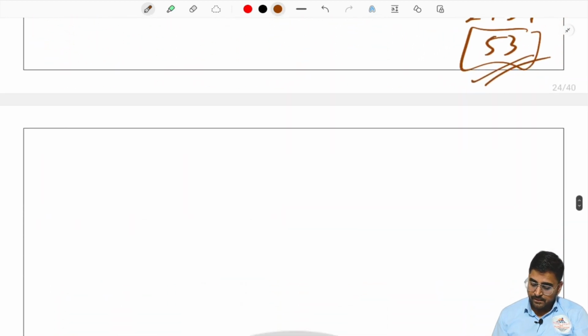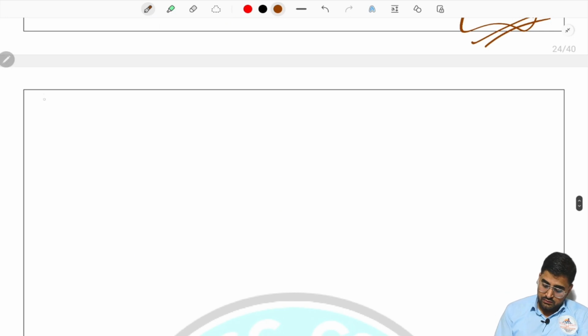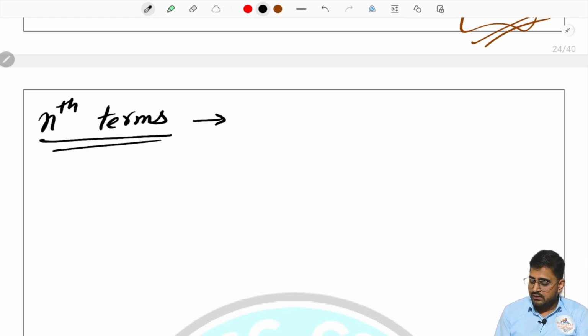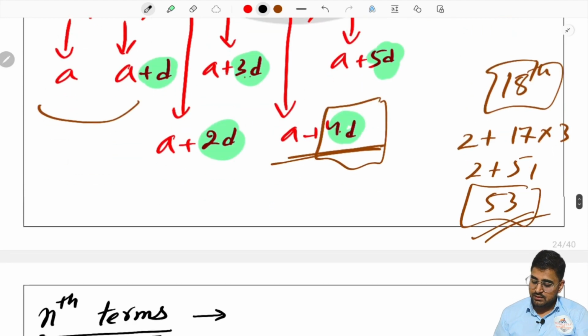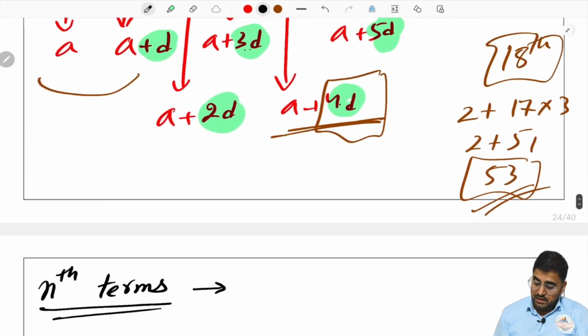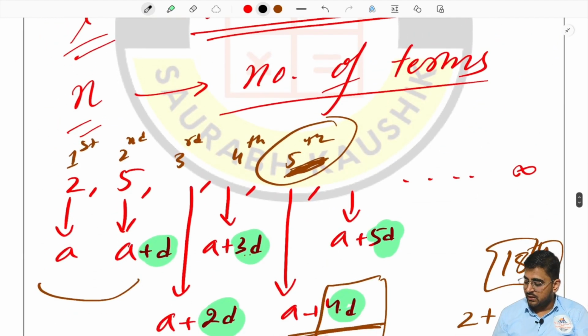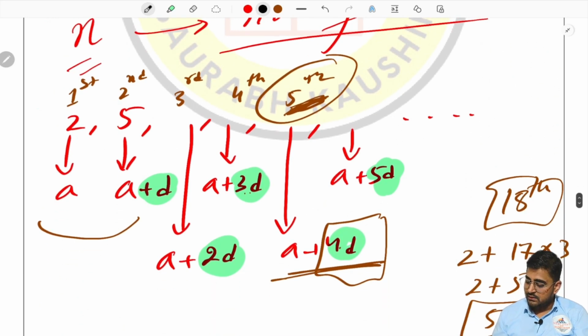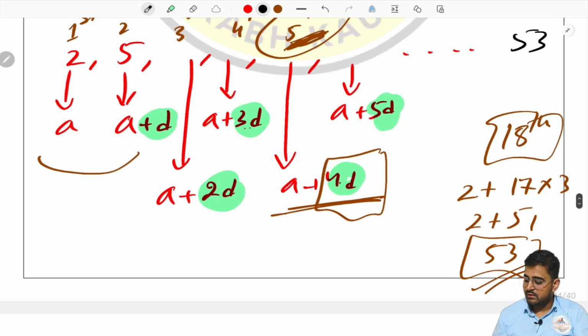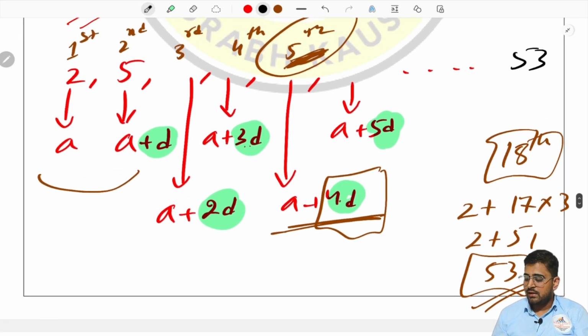Now we have to find the nth term. Nth term means how many terms are there in this series. For that we need a last term. Here it is infinity, but for the time being let us say it is 53, so we know that n should be 17.